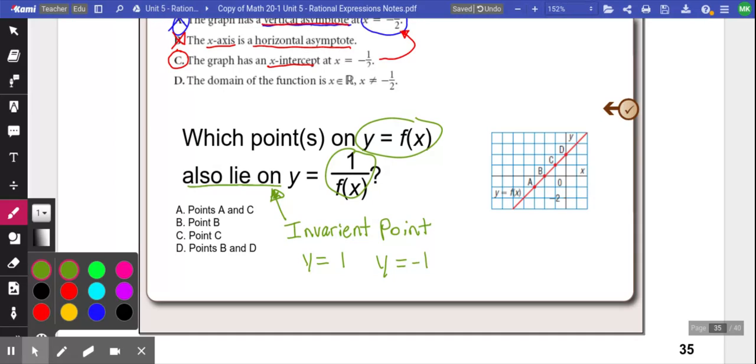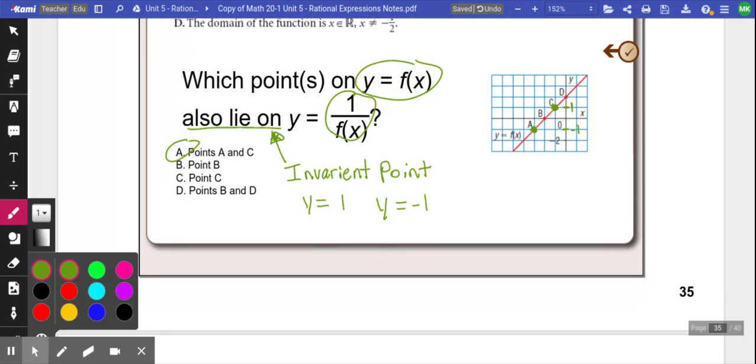If we look at this graph, y equals 1 is right there. So C would be 1 point, and y equals -1 is right there. That means A is another invariant point. So A and C would be my points that are on both graphs, both the original function and the reciprocated function. Cool. That's review on invariant points.